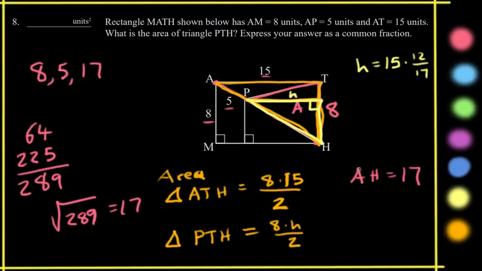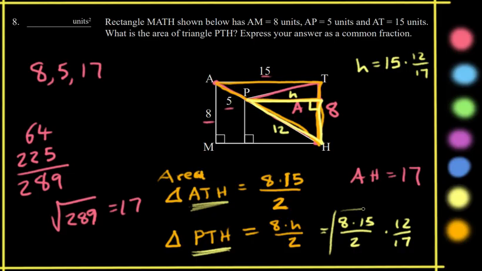Right? So that basically means the height of this triangle here is 12/17 the height of this triangle. And so that means the area of this triangle is also going to be 12/17 the area of this triangle. So basically this is going to be 8 times 15 over 2 times 12 over 17. Because the hypotenuses of these triangles are 12 and 17, right? This is 12, and this is 5 plus 12, which is 17.